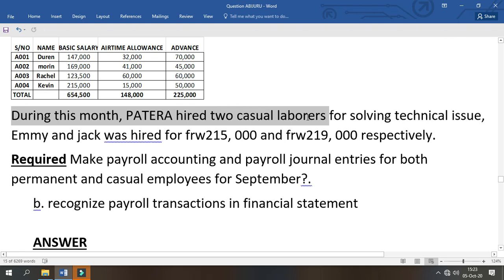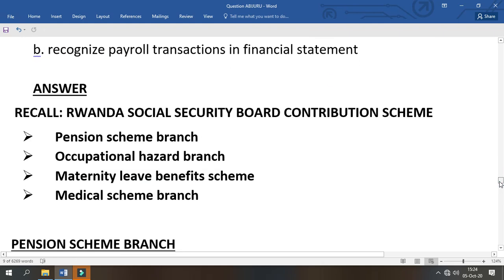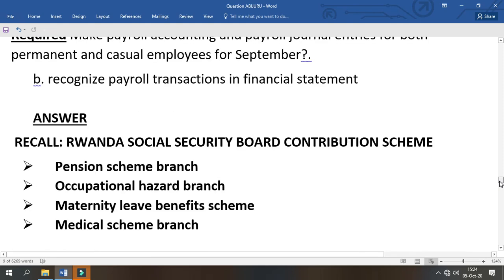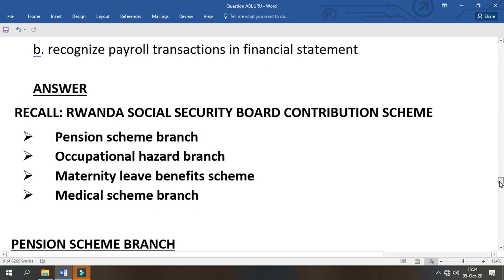Amy and Jake were hired for 215,000 and 218,000 respectively. In the last session we recalled the Rwanda Social Security Board contribution scheme, which has 4 schemes: the pension scheme, the occupational hazard scheme, the maternity leave scheme and the medical scheme branch.